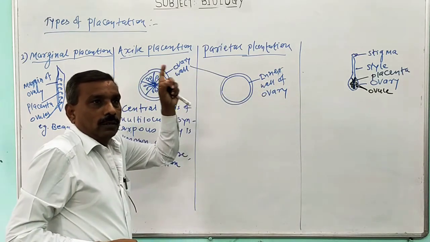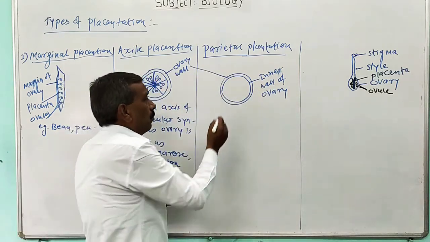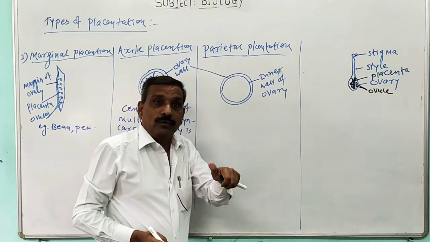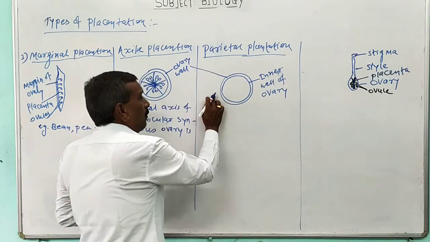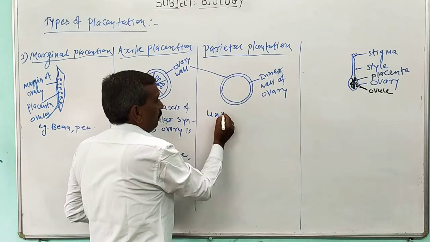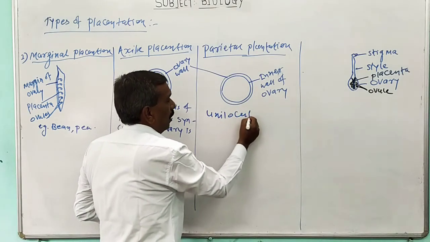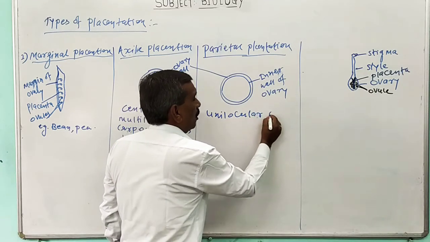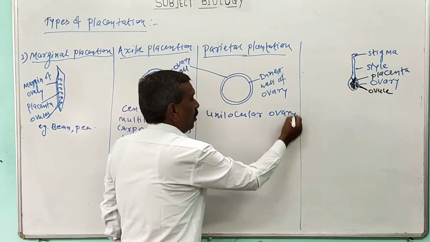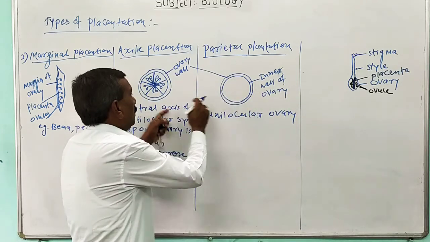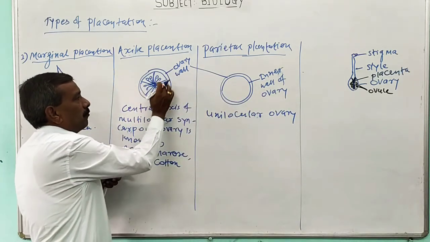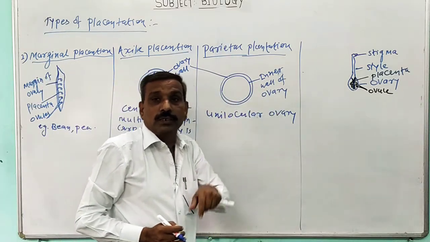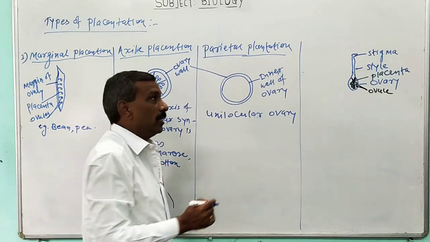Now when ovule develops from a unilocular gynoecium, a unilocular ovary. That is, in the earlier one there were a number of locules, here 5 locules, but here there is no such locule, only one chamber is present, so it is known as a unilocular gynoecium.